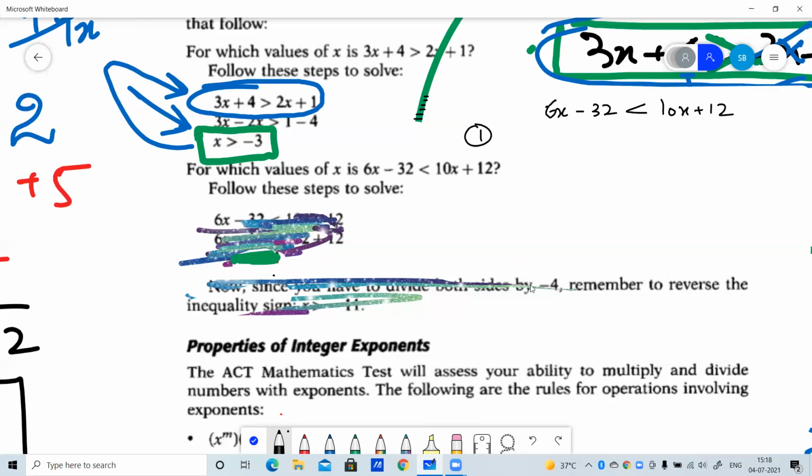Right. So what you should have done is add 10x to 6x. Will you add 10x to both sides, or will you subtract 10x from both sides? Subtract 10x from both sides, after I had subtracted 32.